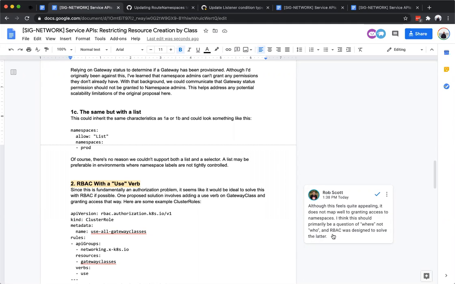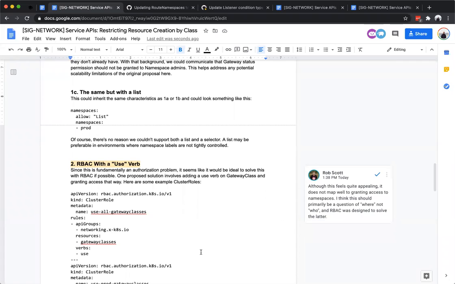I'm very open to feedback on this, but I think it feels more natural to describe where a gateway class can be used than who can use a gateway class. I don't have a great list of rationale for that, and I am open to feedback.